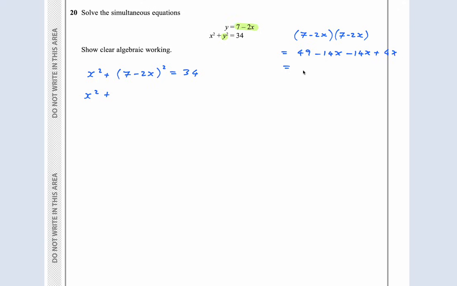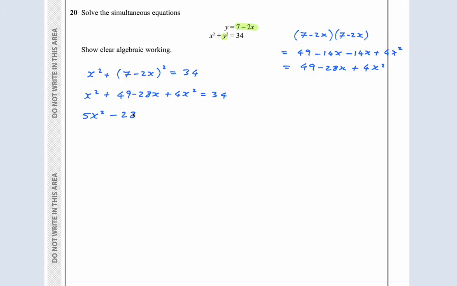So we're left with 49 minus 28x, 14 minus 14, plus 4x squared. Okay, it's positive, so I can just put this in without the bracket. 49 minus 28x plus 4x squared equals 34. Okay, add the x squareds: x squared plus 4x squared is 5x squared.